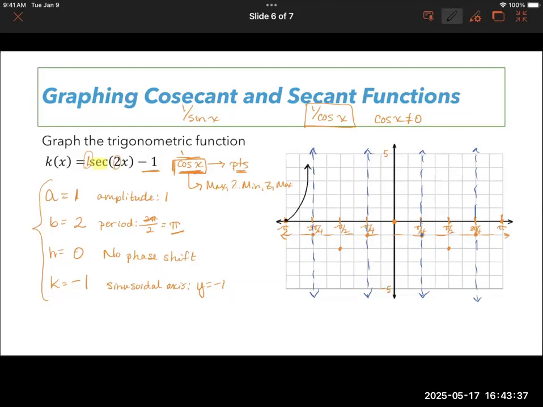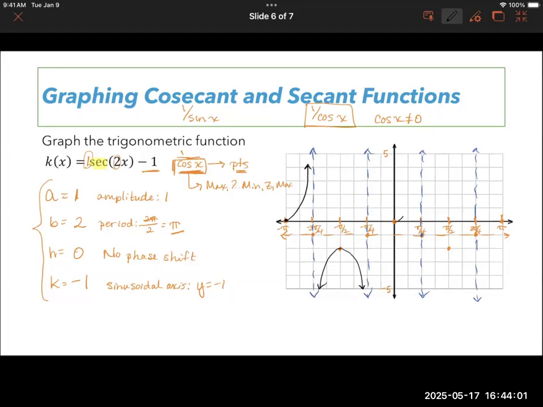If it's a min point, we'll have our U open down and again stay inside of our asymptotes. Now, if you want to be more particular, you can pick some actual points to plot, but usually we're just looking for a sketch. And so just doing the parabola U shapes from these points is usually good enough.